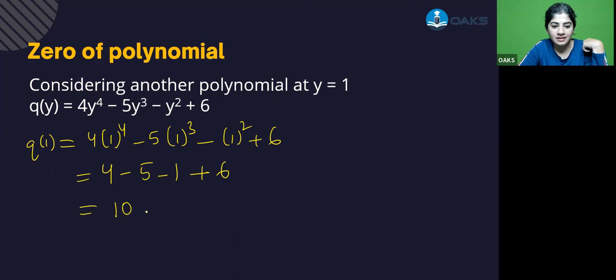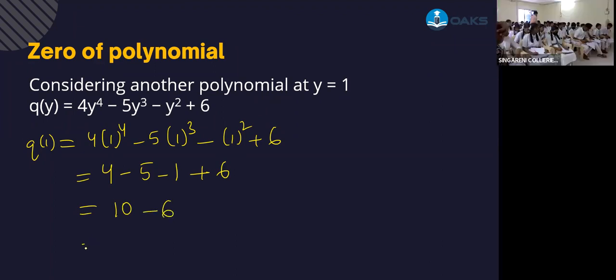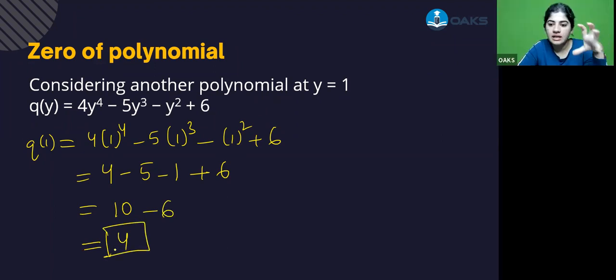Can you answer? 4, madam. Yes, 4 is the answer. So when we are solving in terms of x and when we are solving in terms of y, that is the same. We are just putting x is equal to something and y is equal to something in a polynomial. So that doesn't mean anything, whatever value we are getting is with respect to what is given to us in the question.